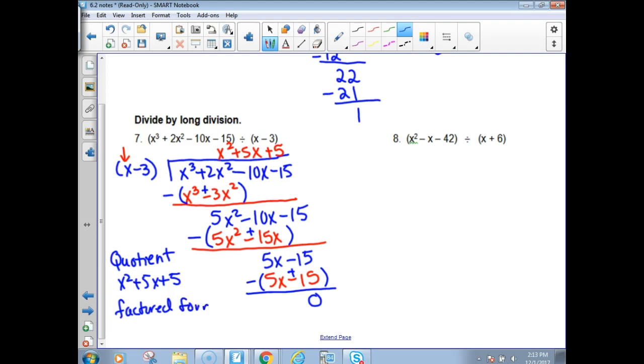Factored form for this would be x minus 3, what we divided by, times x squared plus 5x plus 5. It'll just depend on what you were asked. It would maybe specify. If you just said to do the division, then you would give the quotient. But I want you to see that this actually factors it as well if you get a remainder of 0.